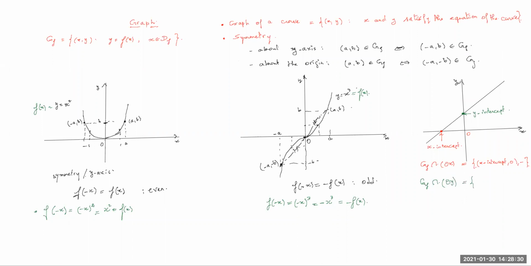The points on the y-axis have the equation x equals 0, and points on the x-axis have the equation y equals 0. That means you look at the points that have x equal 0 and find the corresponding y-intercept from your graph.